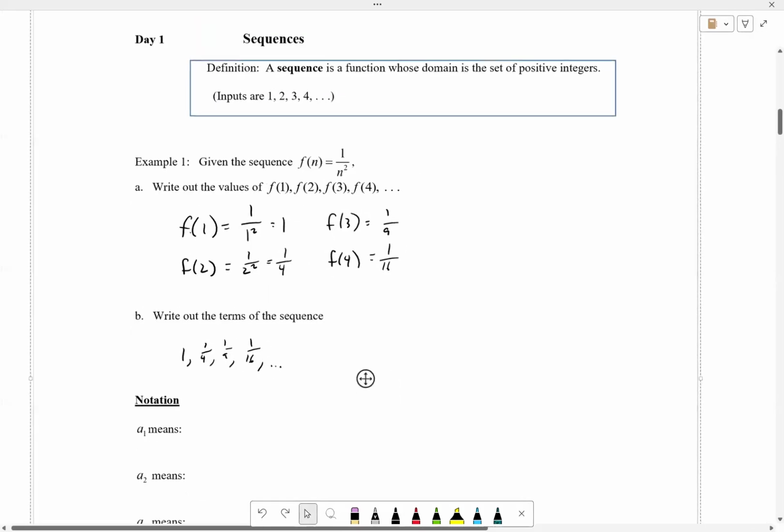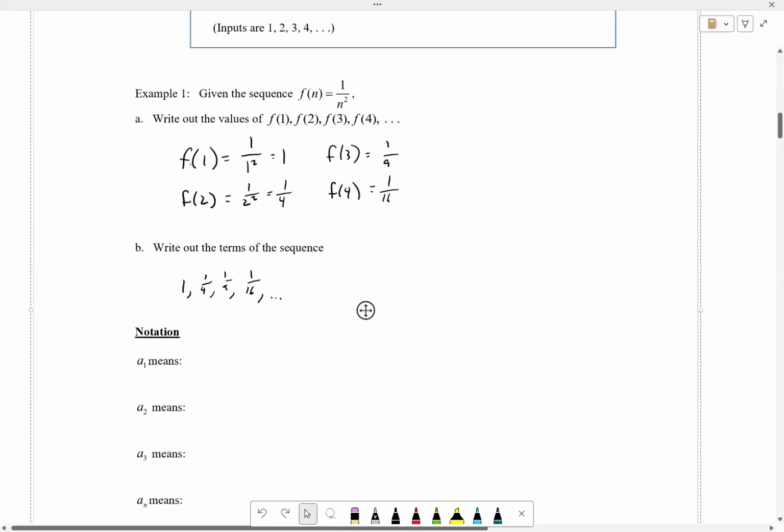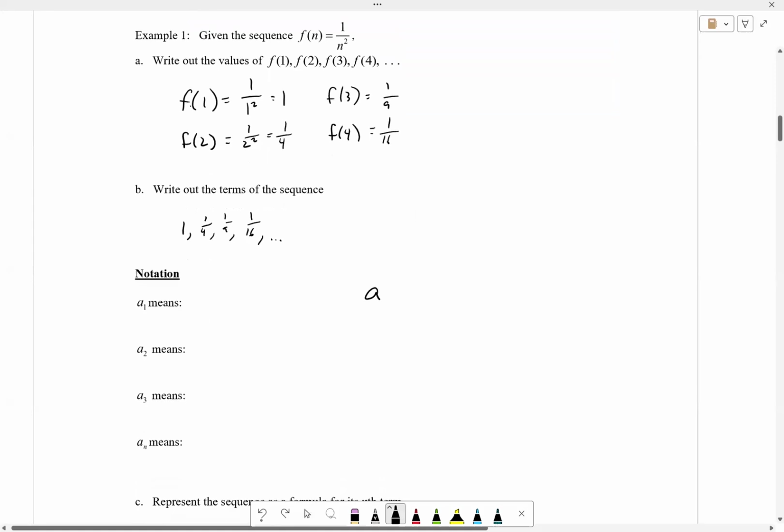So other notation you're going to see looks like what you see here on the left. It could be a sub 1 is how this is written, then a sub 2, a sub 3, a sub 4. Does the word I'm saying make sense? A sub, it's a subscript. So if I ask you for a sub 8, that represents what?